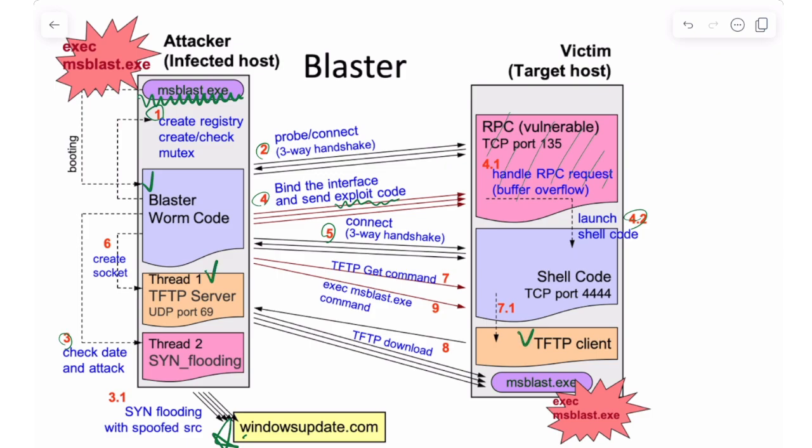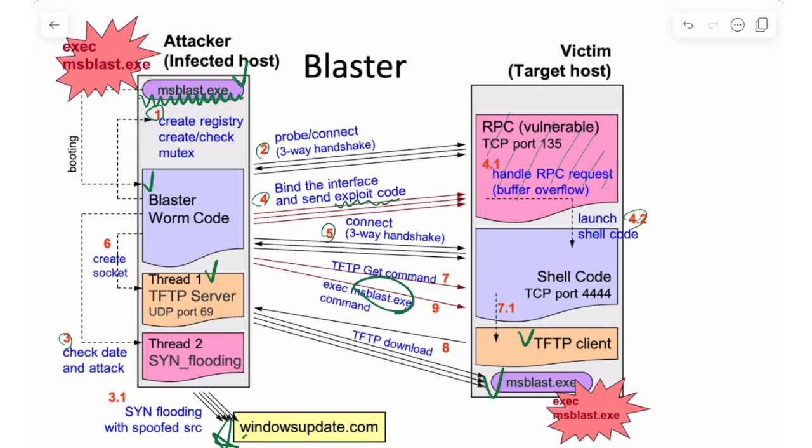And at the left-hand side, it also launch a TFTP server, so that the left-hand side, which is the attacker, and the right-hand side, which is the victim, they can download a file, which is the MS Blast, this one, to the right-hand side, which is right here. And after that, the attacker will instruct the victim to execute the msblast.exe file.